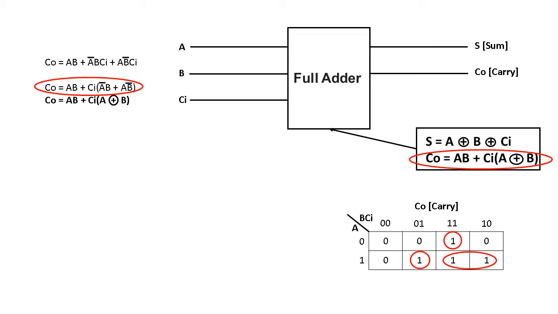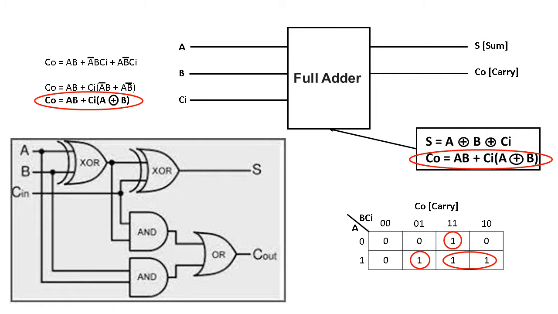We know that A naught B plus A B naught represents A XOR B. So we can easily prove that carry output equals AB plus, if we take Ci as common, then in bracket we will achieve A XOR B.